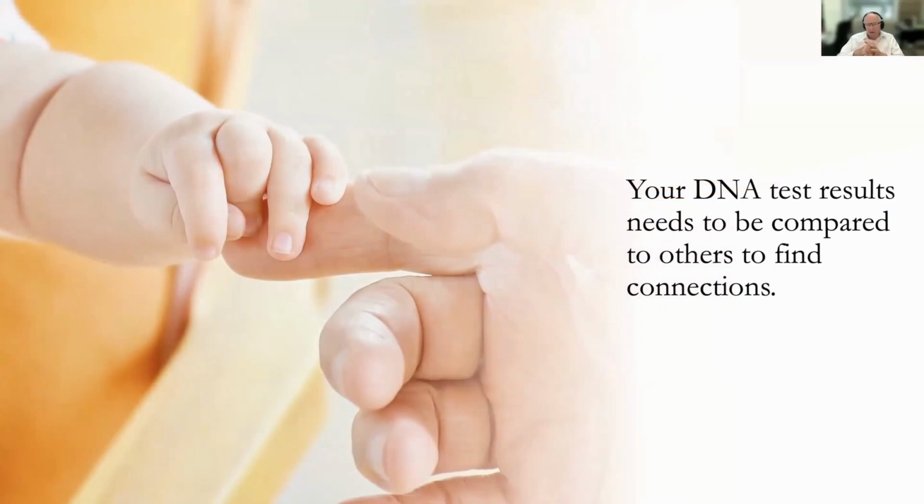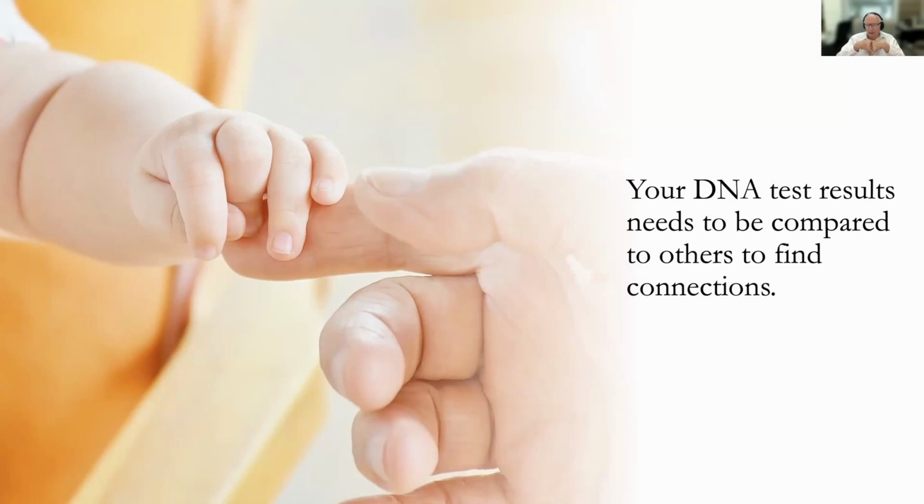And this is the fundamental issue. Your DNA test results have to be compared to other people to find the connections. There's nothing that just magically says how you're related and gives you a family tree. It just doesn't work that way. So what you're doing here is taking a test that gives you a substantial amount of information about you, about your makeup, the DNA in the cells of your body.